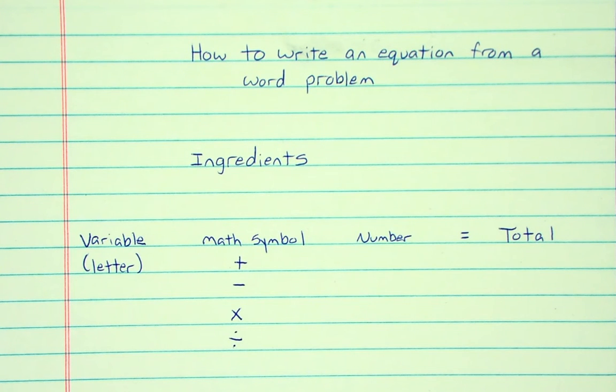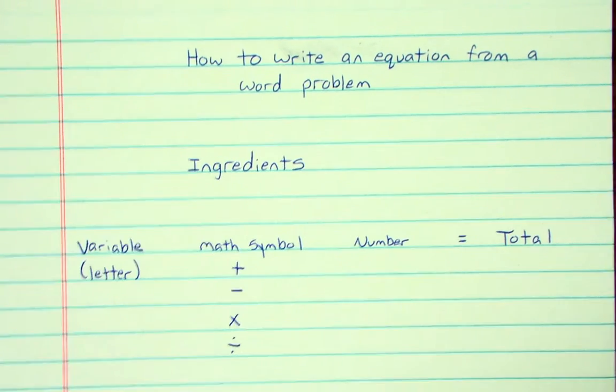So these are the ingredients we need in order to make the most amazing equation from a word problem. Alright, I'll give y'all a second to copy this down if y'all need to. Alright, now some students, I know I did this with y'all yesterday.